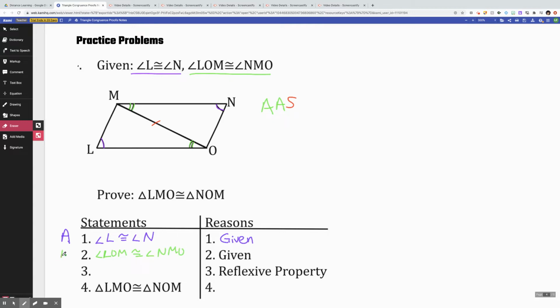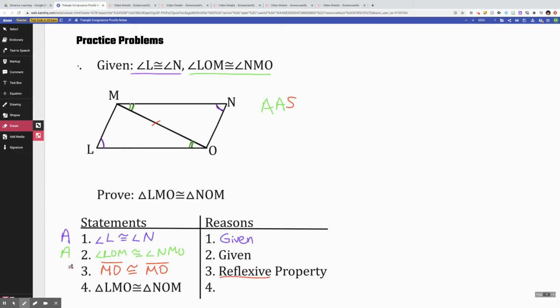And that was given. That's my second angle. And then my third thing here was my side, right? And so that is side MO is congruent to itself. Whenever something is congruent to itself, that reason is always the reflexive property.